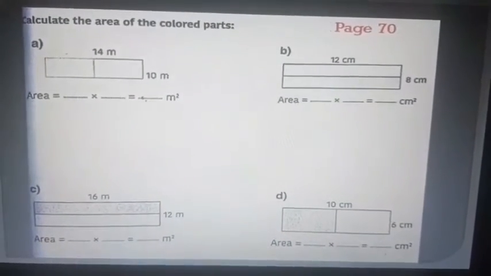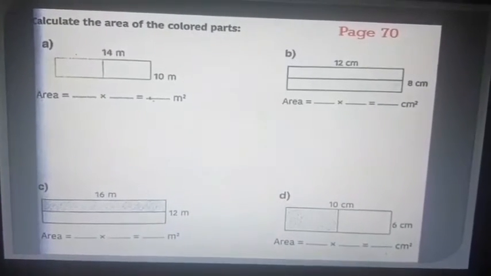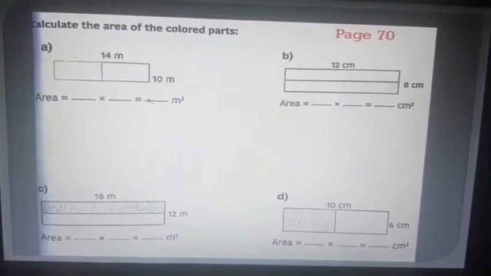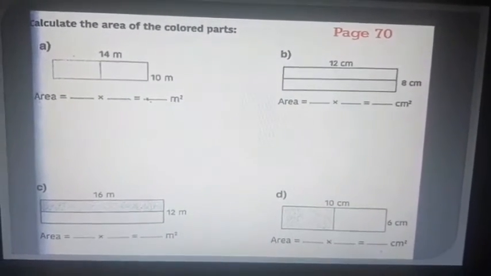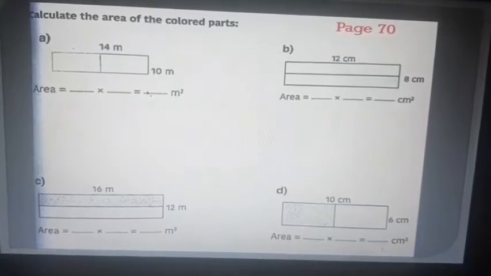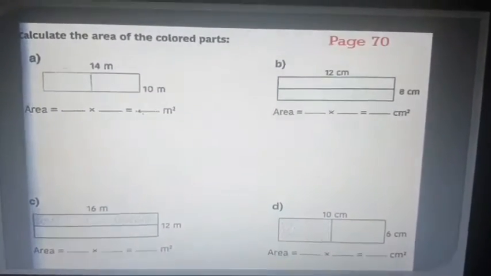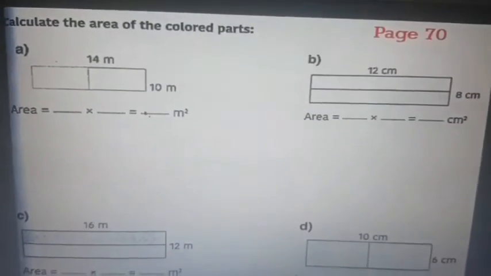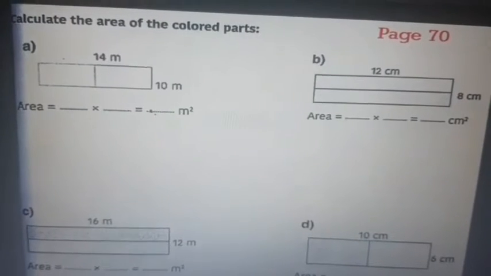I have here a rectangle, but here he divided this rectangle in 2 lengths or in 2 widths, okay? He made a line here to divide the length, so he did 14 divided by 2.